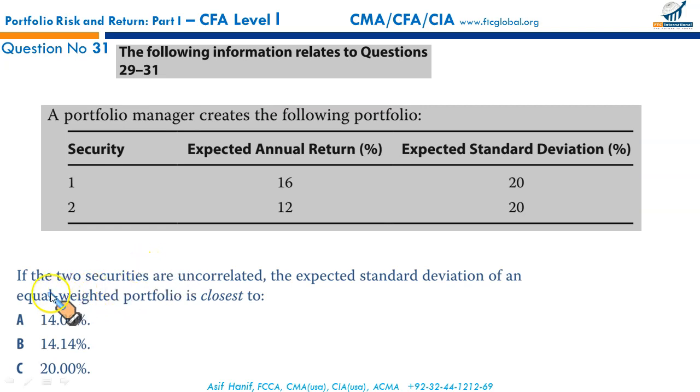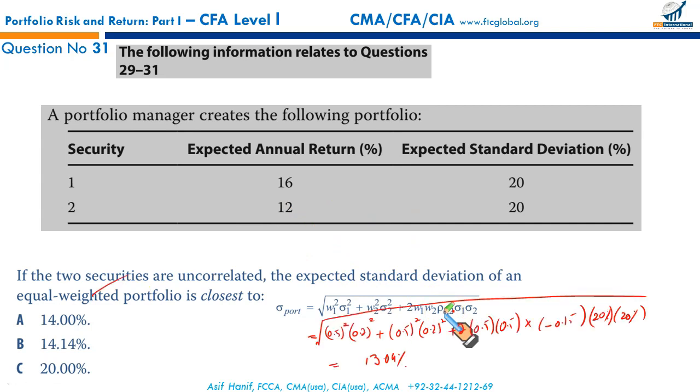Okay, the next part says if the securities are uncorrelated, and there is no correlation, the expected standard deviation of an equal weighted portfolio is closest to. This is the formula. Since there is no correlation, this correlation coefficient would be 0. Everything else being same, you are going to simply replace negative 0.15 with 0, which means the only factor that is relevant is the first two terms, all this is gone.